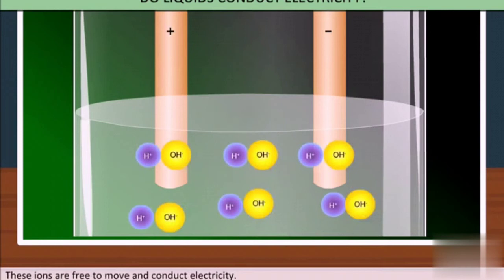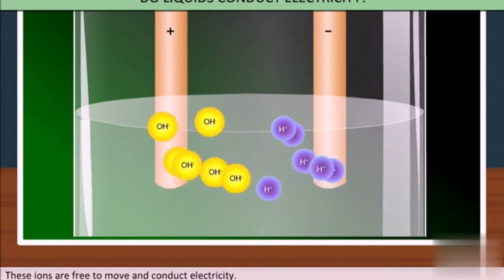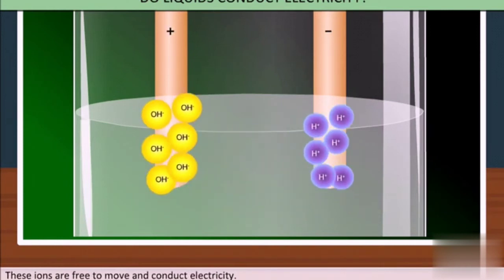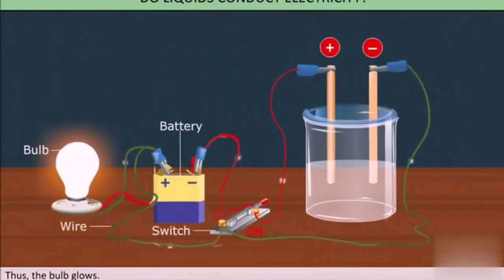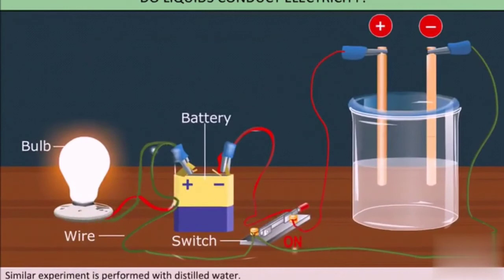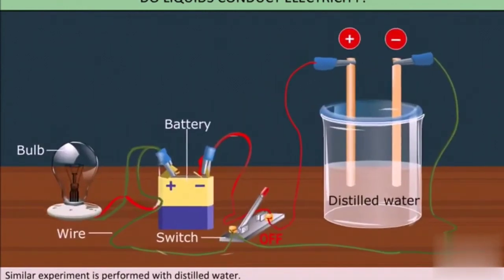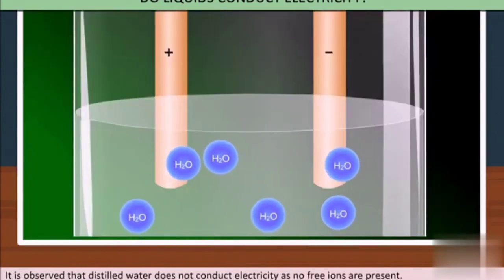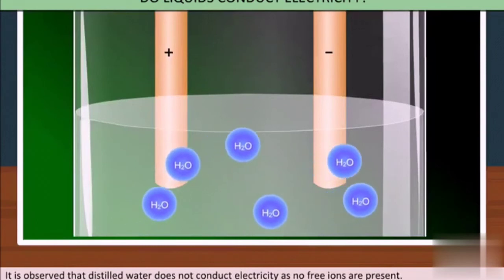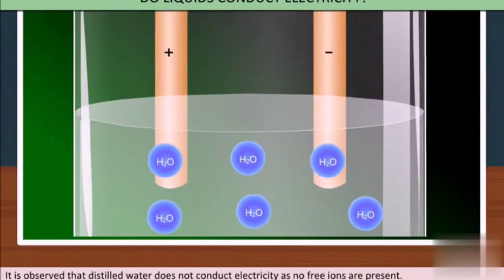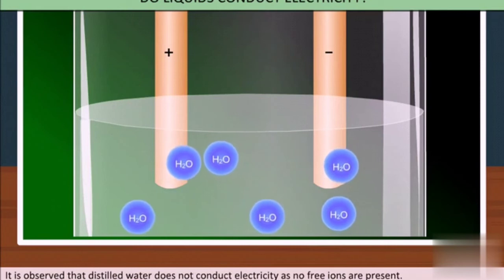These ions are free to move and conduct electricity. Thus the bulb glows. Similar experiment is performed with distilled water. It is observed that distilled water does not conduct electricity as no free ions are present.